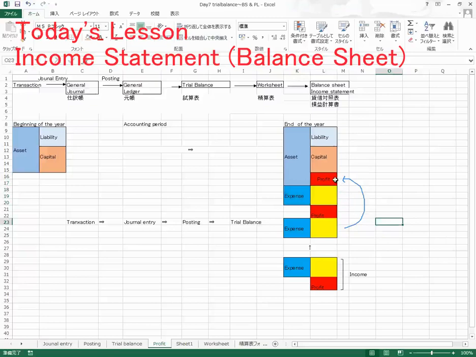The part of profit overlaps, connected because it is the same. That is the structure of bookkeeping. The BS profit and the PL's profit are the same, so they are connected by this profit, and you get the whole. That is very, very interesting.